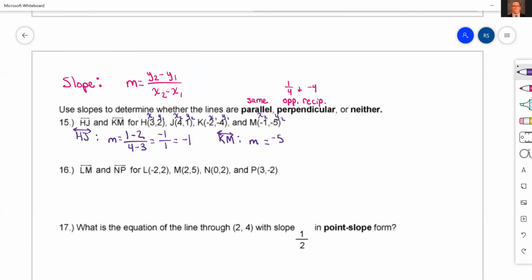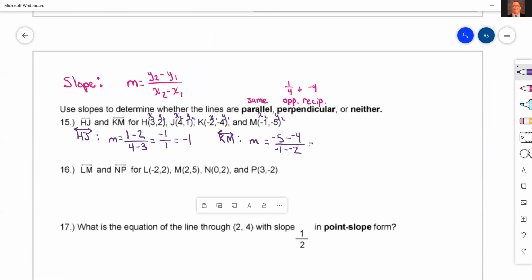So Y2 minus Y1 over X2 minus X1. It's going to give us -1 over 1, which again is -1. So if we compare the slopes here, we have a -1 and a -1. What kind of lines are these? These are parallel.